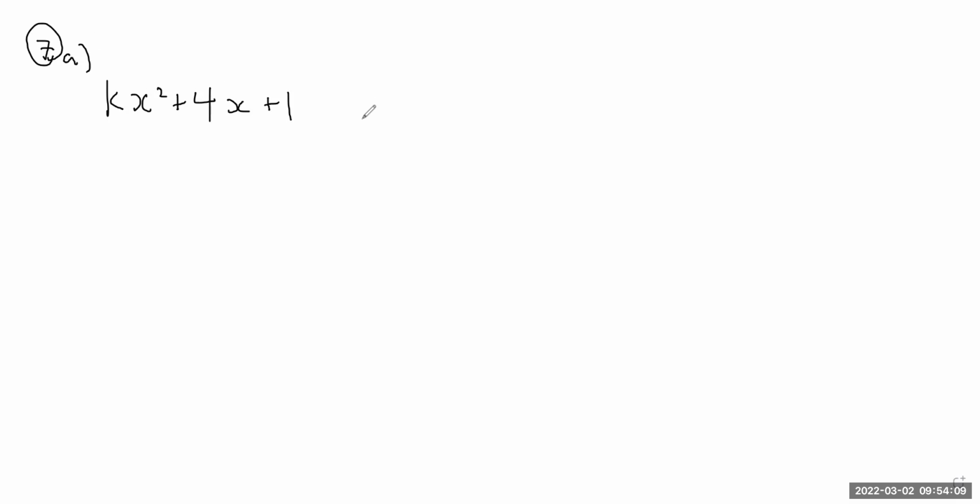So let's work backwards. If this is factorable, what did we do? A is the value of k, B is 4, and C is 1. What did we check for step 1?